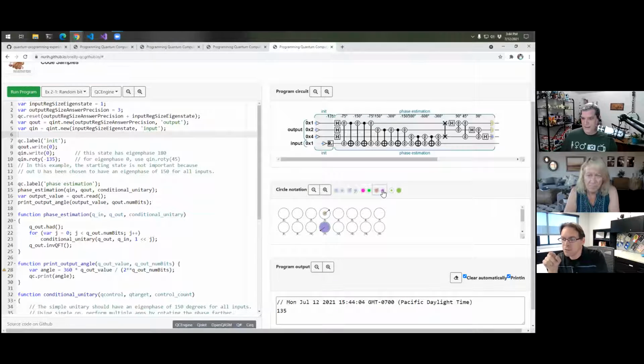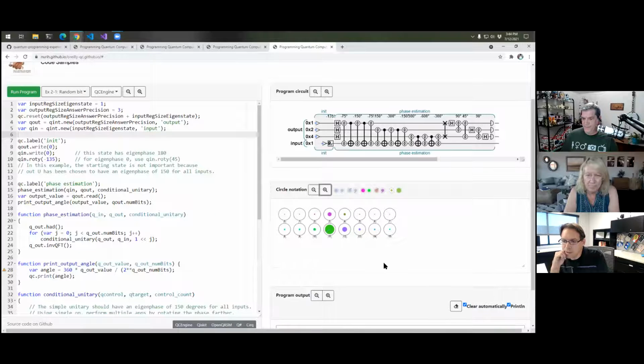Yeah, but I noticed if you put your cursor right before the reads, right before the very end, that looks more like what he had in the book. And one thing I thought was interesting: okay, 150, and he has this diagram. If you only have 3 qubits worth of precision, for 150 you have 135 or 180, and 150 is somewhere in the middle.